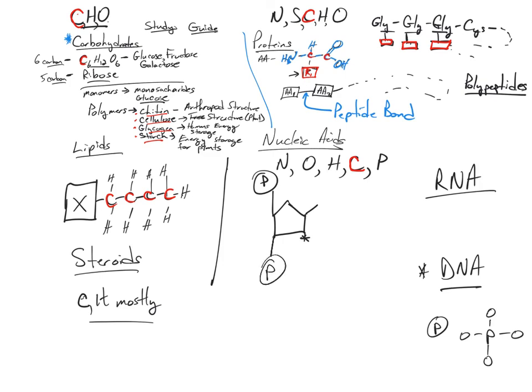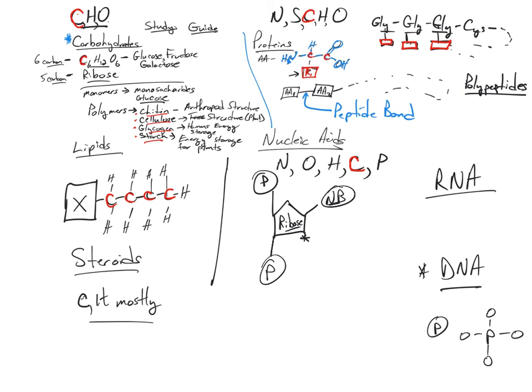And then off of here, you have your nitrogenous base, your NB. That's not nitrogen and then boron. That's nitrogenous base. So this is a variable. And then here, of course, you have ribose. So what possible nitrogenous bases could you have?